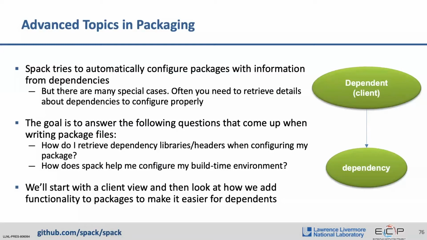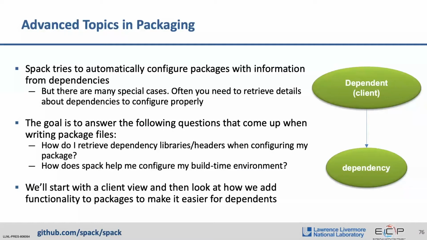It'll add -L and -I flags for your dependencies to the command line. And in many cases, stuff will just work. So a lot of Autotools builds, maybe not MPI libs, as Greg demoed, but a lot of them will just act like the thing is installed on the system if they see that the compiler is passing a -L and a -I. In some cases, though, you do need to get specific information from your dependencies.